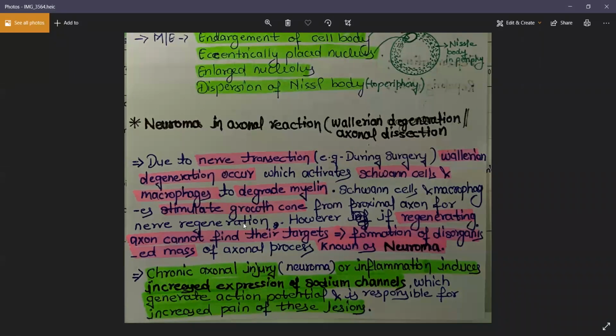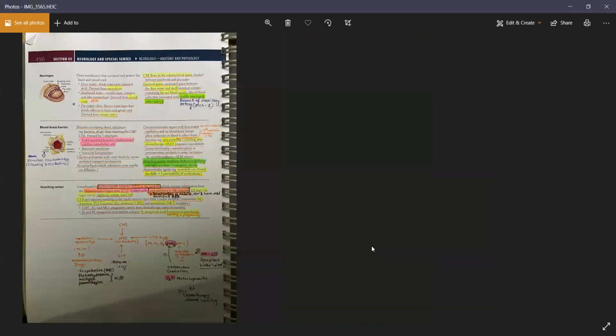But if this distal part is not formed, it forms a mass known as a neuroma. You will have increased expression of sodium channels there, so they generate a very high action potential, which increases the pain in these lesions. Is that okay?